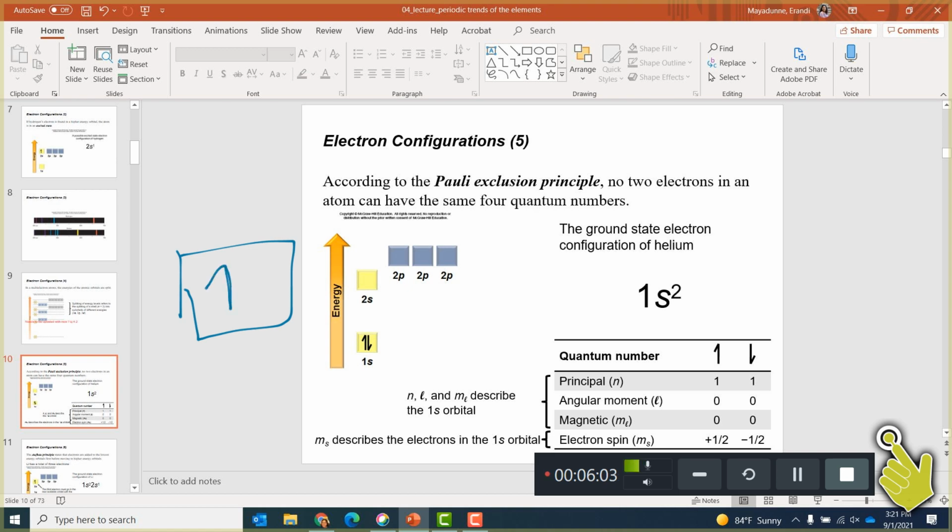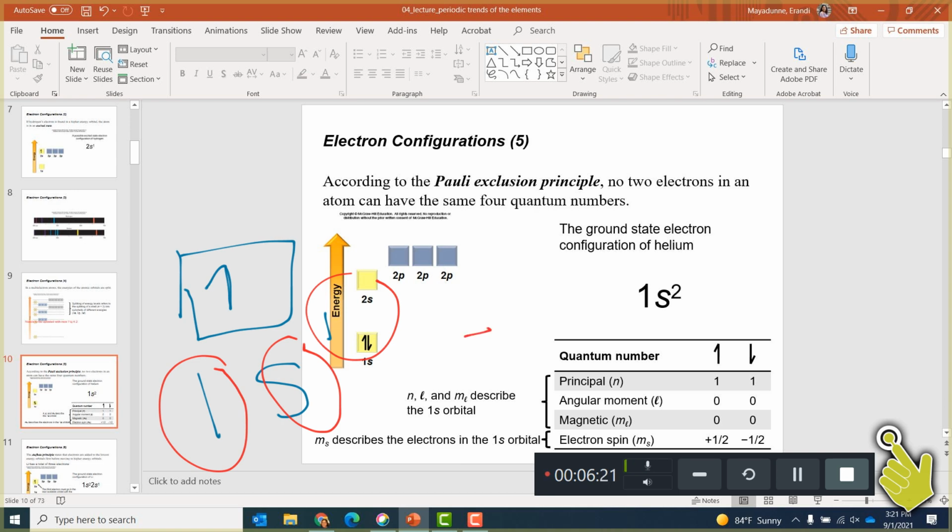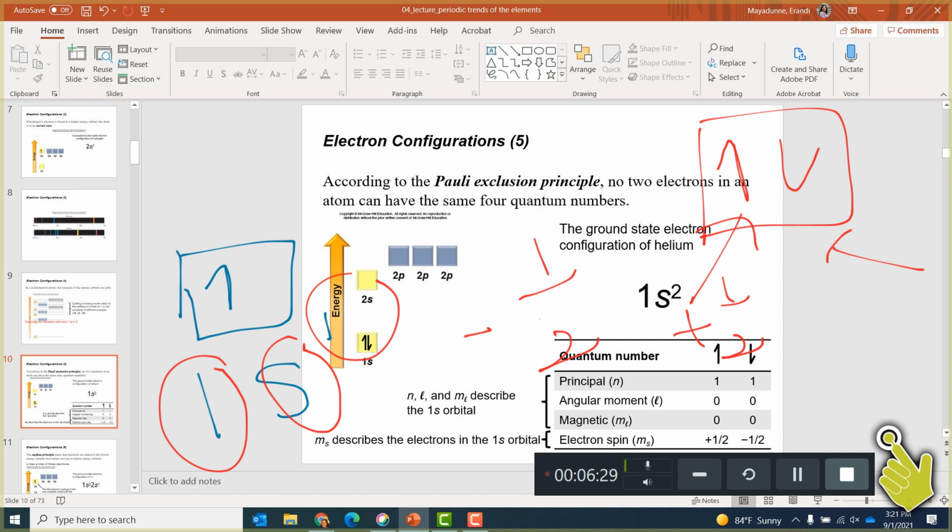So you write 1s1. The 1 is the principal quantum number n. The s gives the angular momentum quantum number, which is 0. And the superscript 1 is the number of electrons. Electron spin can be plus half or minus half. Since this is 1, you always write plus half. But if you have 2, this is plus half, this is minus half.